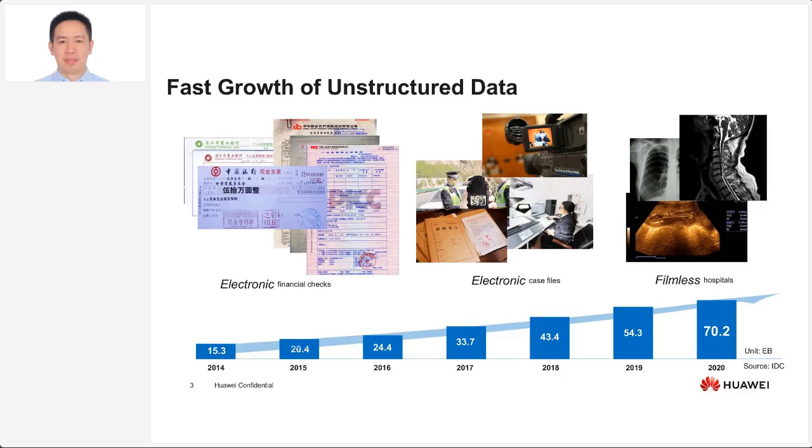You could see these numbers. 2014 was 15.3 EB in capacity, and these electronic files, like movies, packs, and image files, are going to 70.2 EB. Actually, every year there's still a large increase in unstructured data.